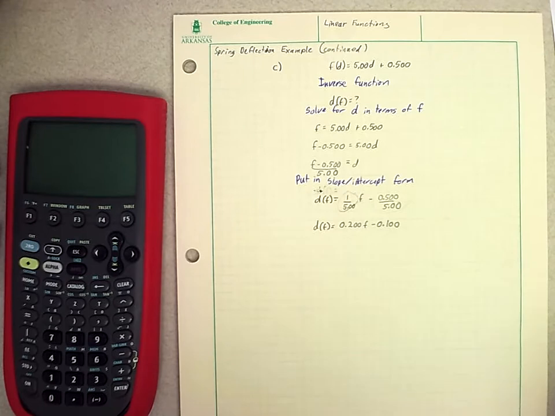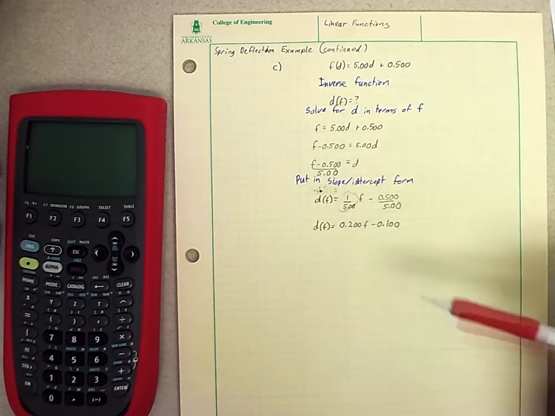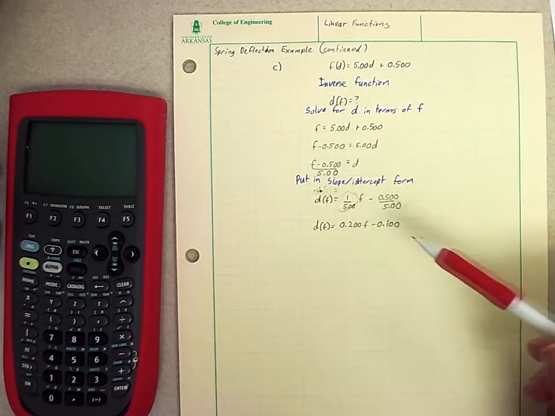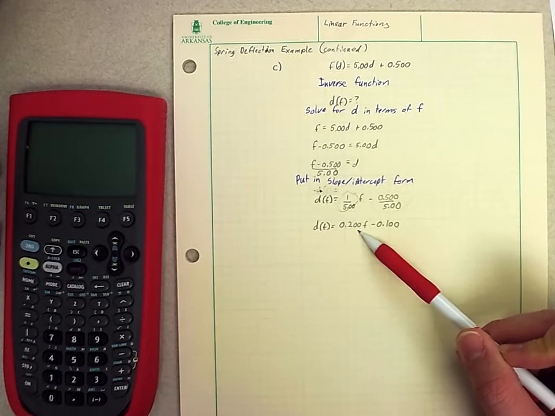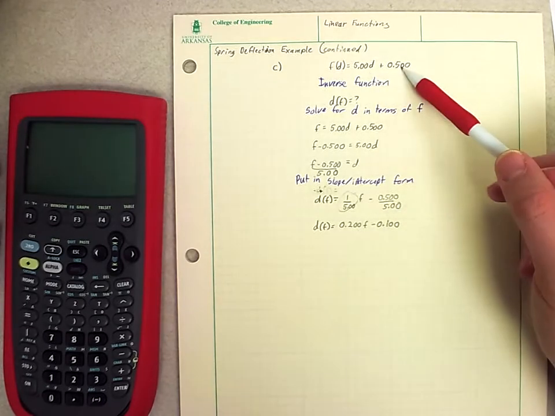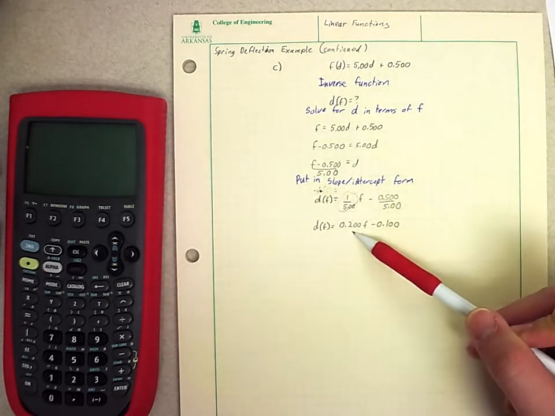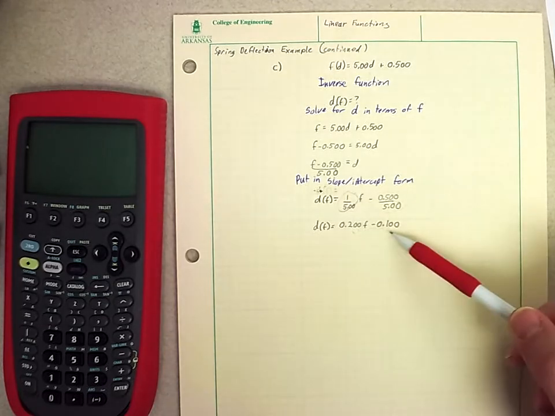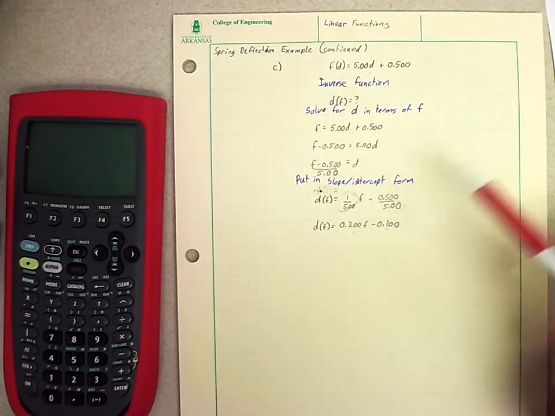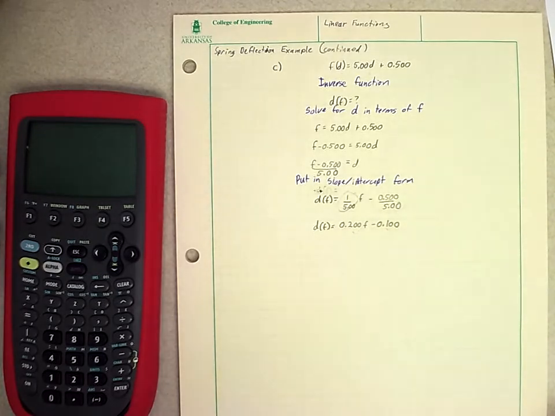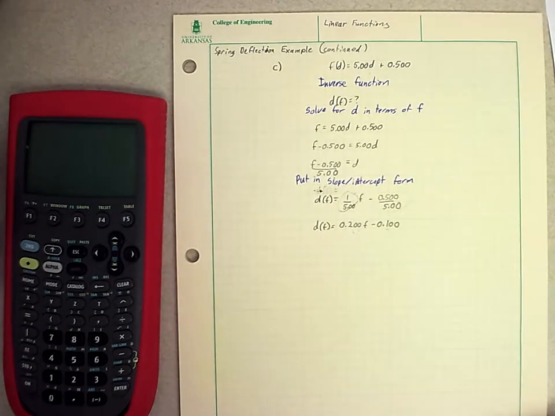Or if we were trying to answer it into MyLabs or some other sort of grading, it usually makes sense to write the slope, since we've done this with the previous, we wrote the slopes as decimals, not fractions. So our slope as a decimal would be 0.200, and our intercept would be 0.100.